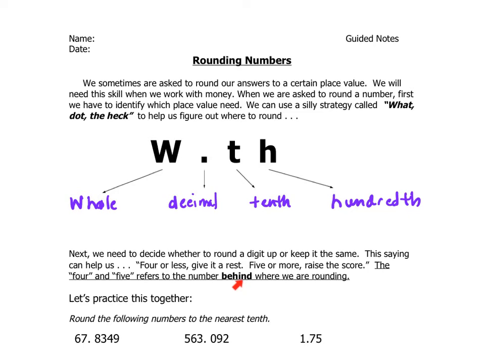It's a little bit salty, it got left out. So if the number behind is 4 or less, it's going to tell the digit in front of it to stay. If the bossy number is 5 or more, it's going to tell the digit in front of it to raise up one number. So let's practice this together.